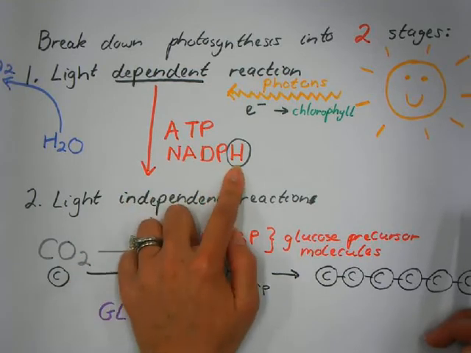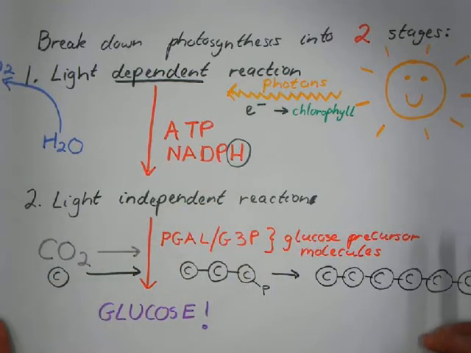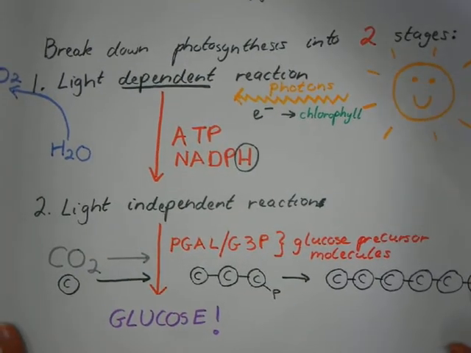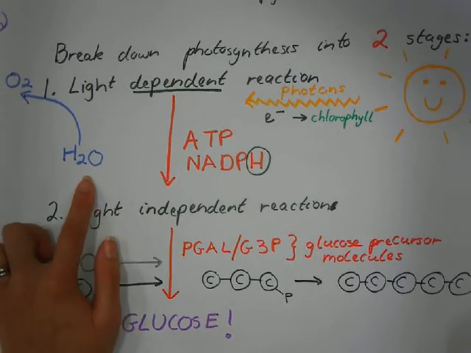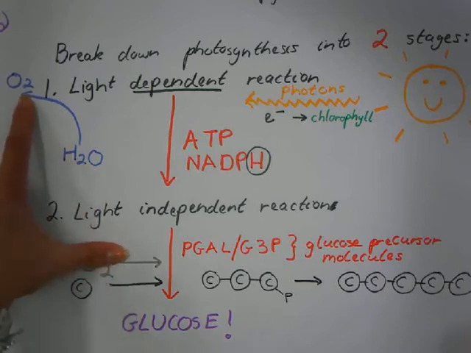Now the NADPH molecule is really important because this hydrogen can actually be donated along with the electrons for the next stage. The other really important input and output is water. So this light-dependent stage needs water to occur, and it actually breaks down the water into oxygen.